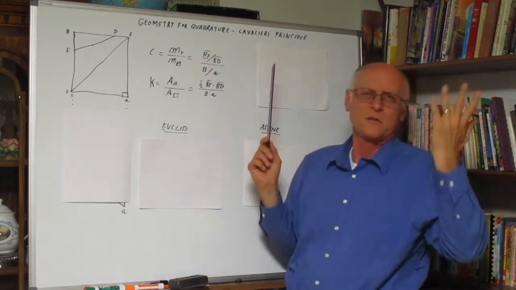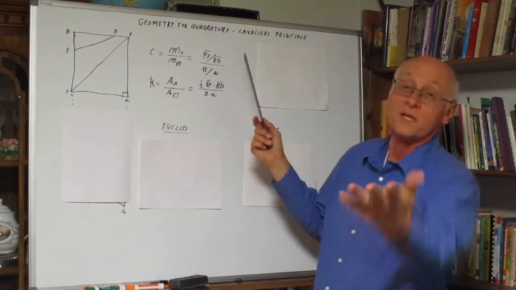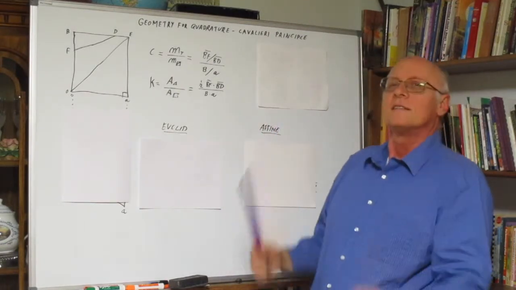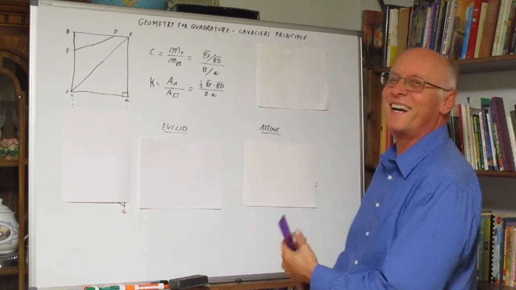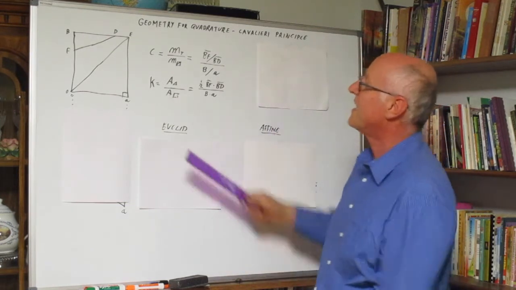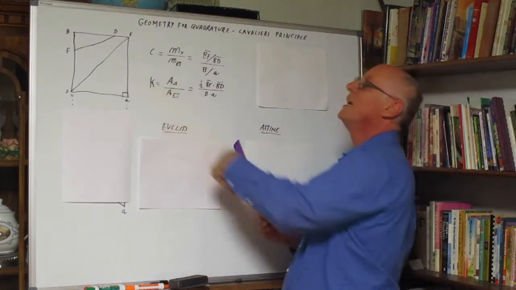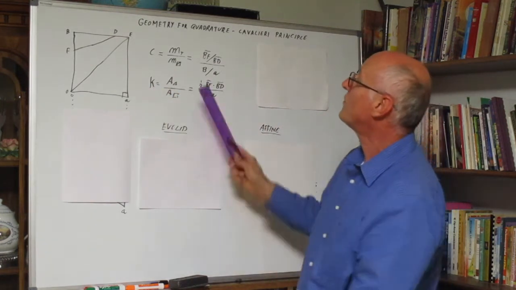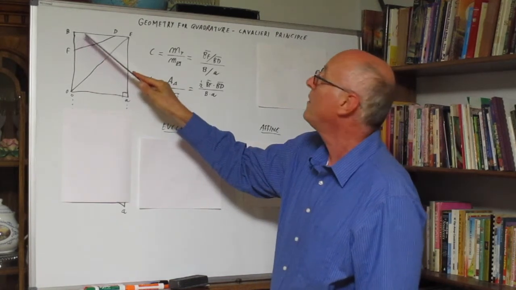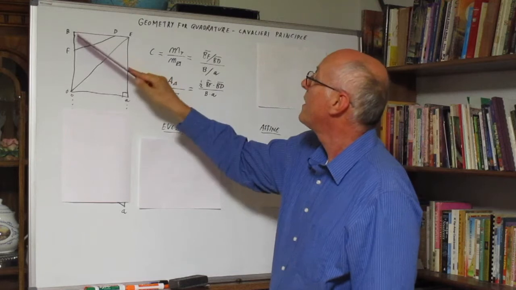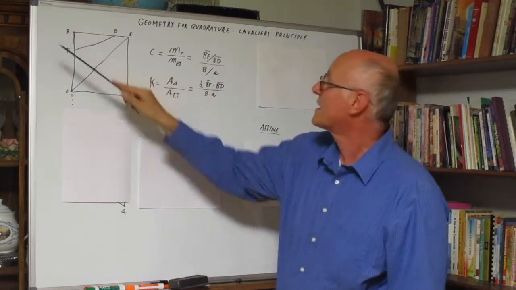Simple. I mean, you can follow through, right? Pretty simple. You guys get it? Yeah, okay, that's good. Kids can get this. Now, similarly, K is a ratio of area, the ratio of the area of this triangle to the area of the box.